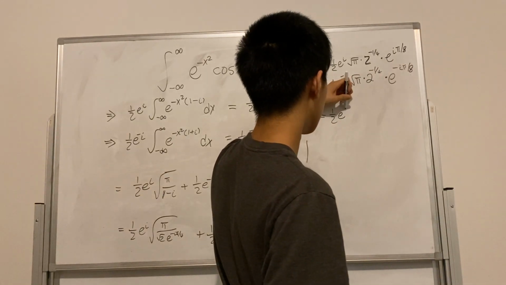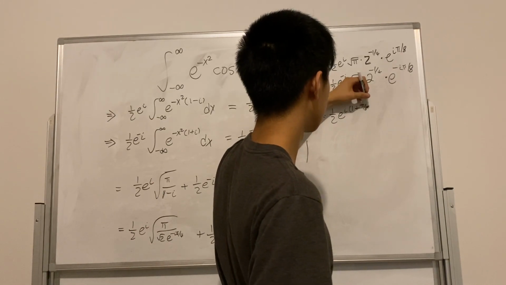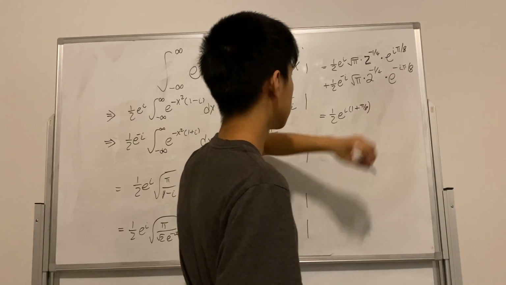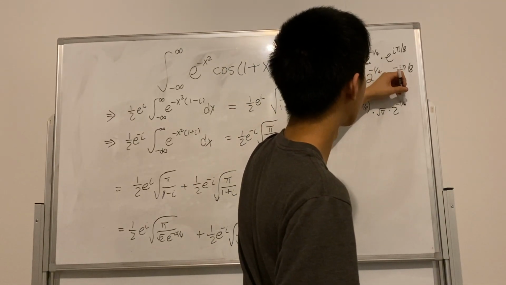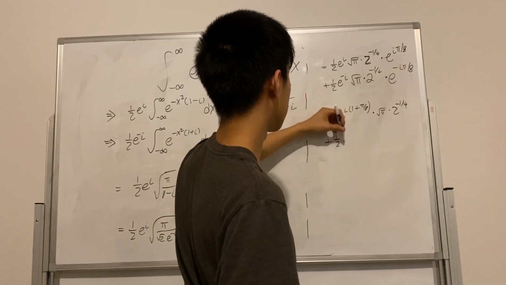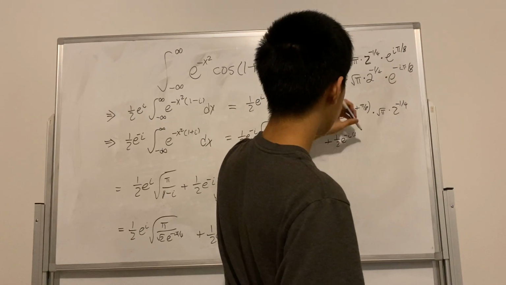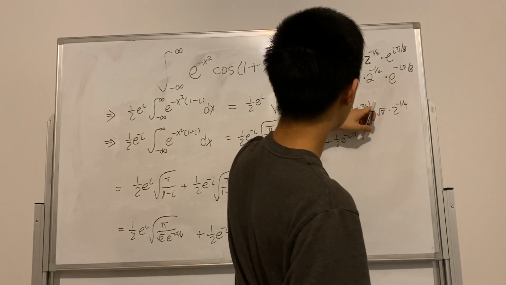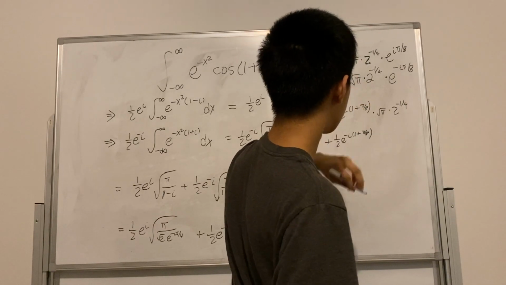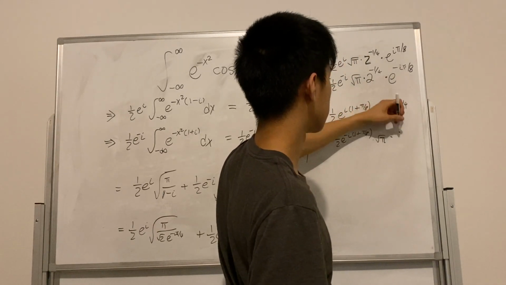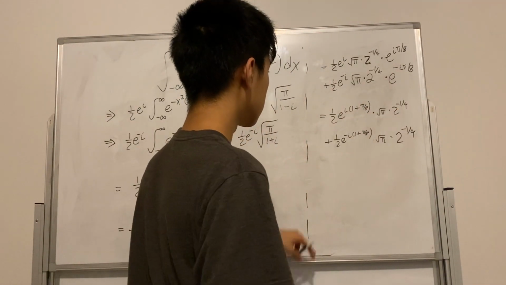e to the I times 1 plus pi over 8 times square root pi times 2 to the negative 1/4, plus 1/2 e to the negative I times 1 plus pi over 8 times square root pi times 2 to the negative 1/4 power. So we can group this.